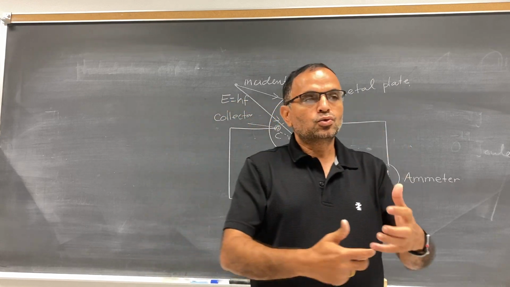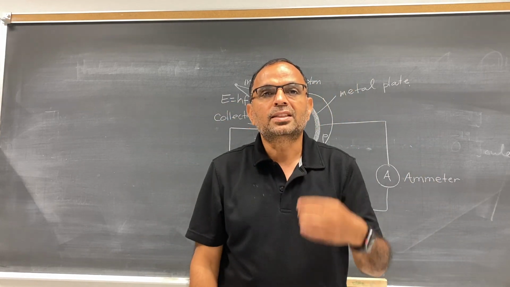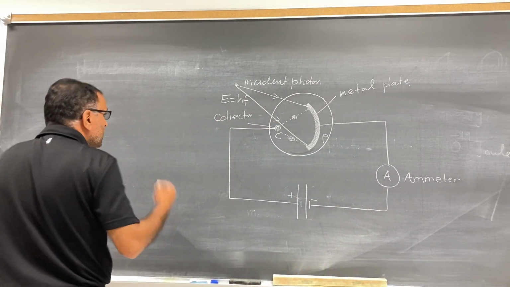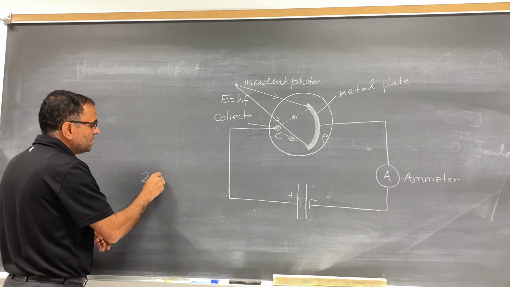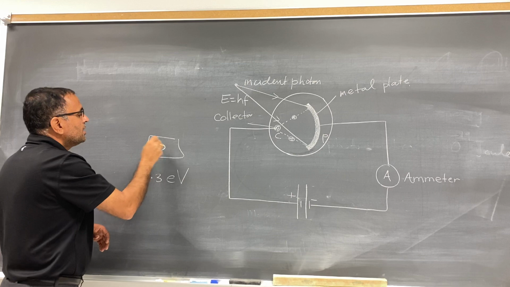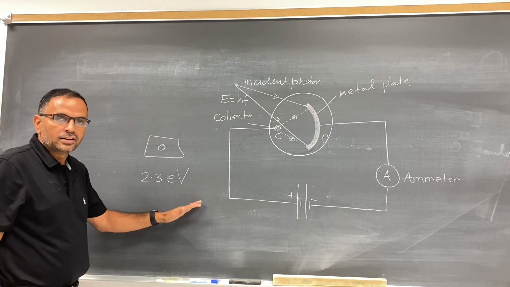Let us suppose to knock out the electron from the metal surface, you need 2.3 electron volt energy. Here you have a metal and this is the electron. To knock out this electron, let us suppose you need 2.3 electron volt energy.